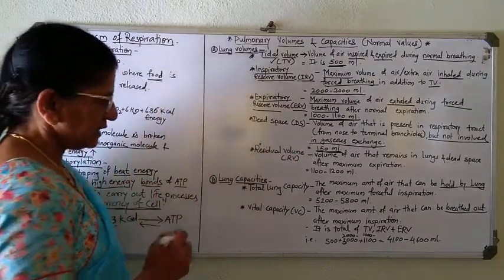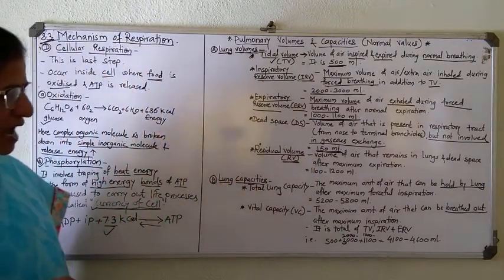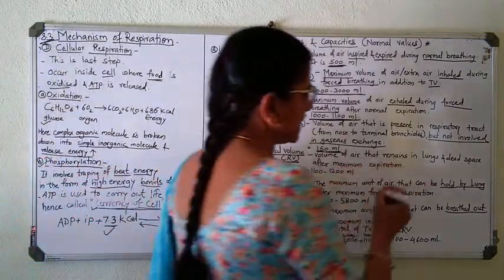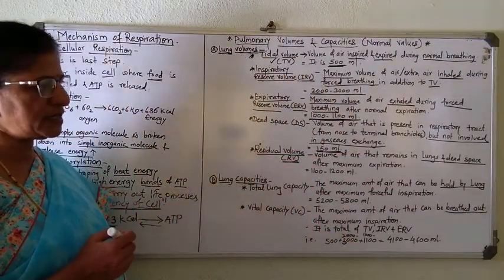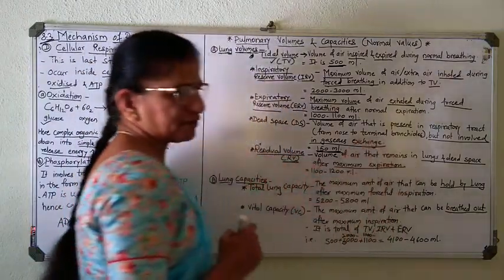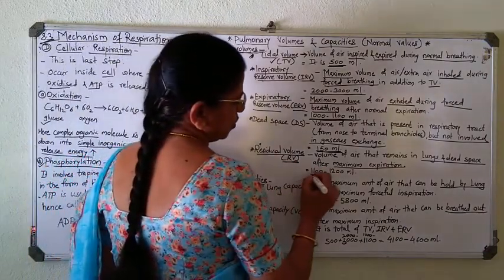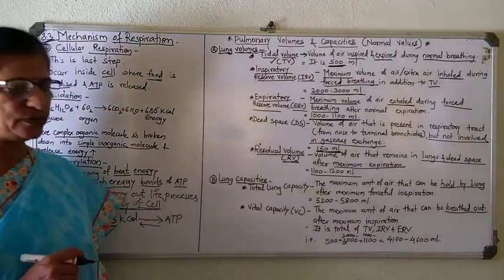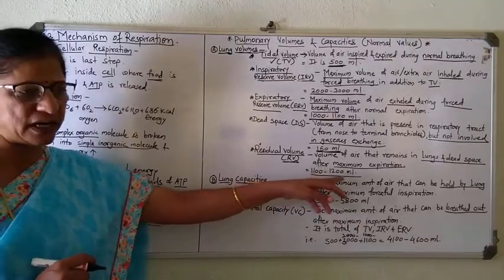Clear? Then residual volume, or RV. Now RV means the volume of air that remains in the lungs and dead space after maximum expiration, and its normal value is about 1100 to 1200 ml, right?